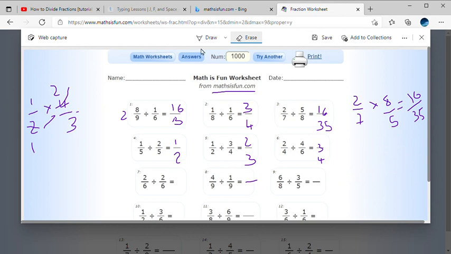Alright, we're at number 7, which is 2 over 6 divided by 2 over 6. Let's change the sign, so it will be 6 over 2. Both fractions here can simplify because they're both divisible by 2.